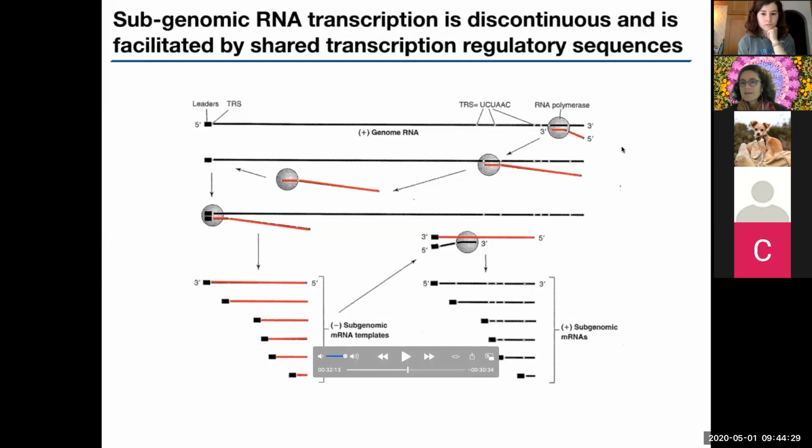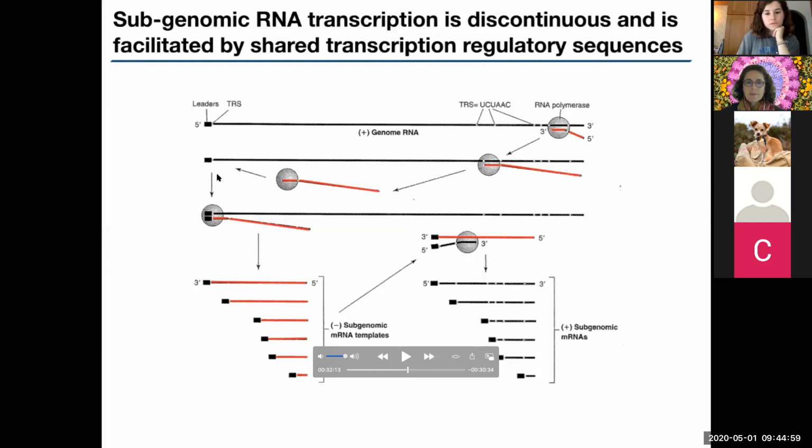So what happens is the RDRP, the RNA-dependent polymerase, starts reading through, and remember when it hits these TRSs, sometimes it will just keep transcribing or replicating, and sometimes these sequences will instead complement with a TRS at the 5' end, leading to the addition of a leader sequence.